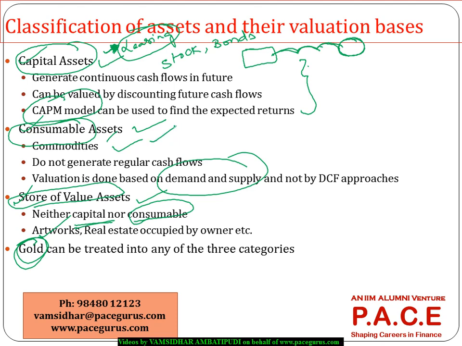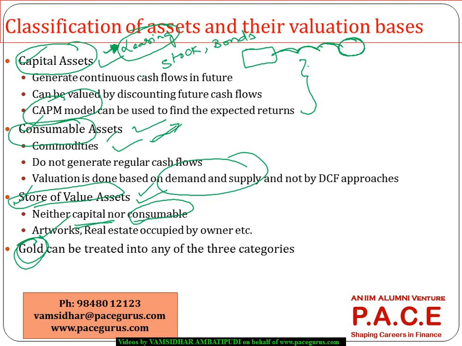It can be treated as a consumable asset because gold is used as a raw material in the production of various goods. And it is also treated as a store of value because of the preciousness associated with it. Neither will I sell it nor consume it, so it becomes a mere store of value.